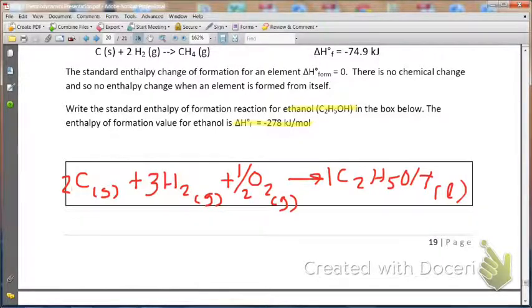Now the delta H of this, so the delta H of formation, and it'd be nice if you could keep it in your box, I made it too big, again is negative 278 kilojoules per mole. I'm trying to squeeze that in. You get the idea. Alright, so that is an example of writing a heat of formation reaction for ethanol.